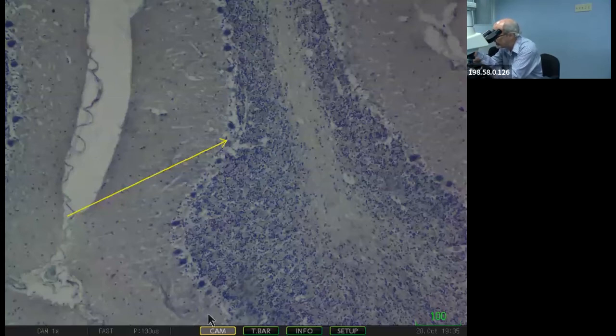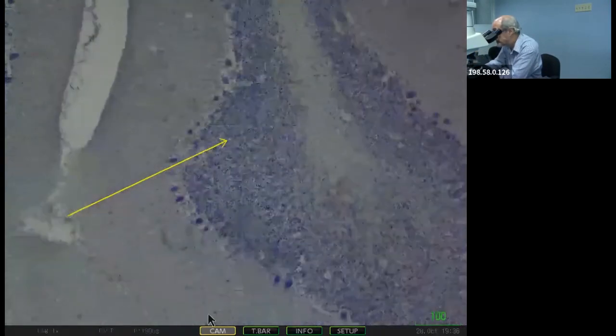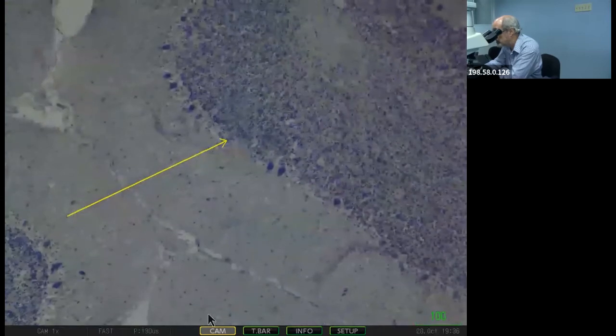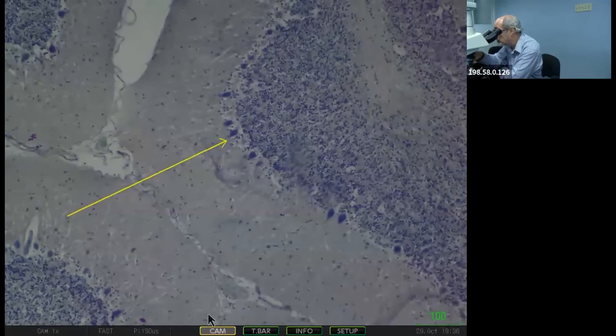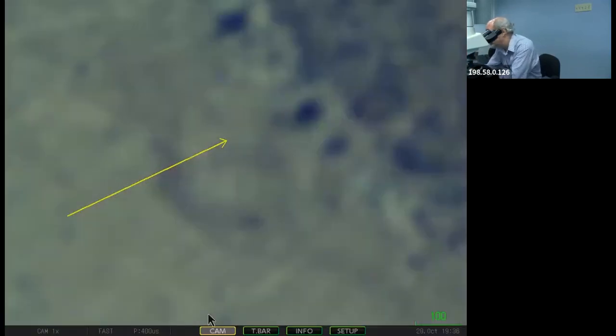They were not necessarily close to each other, not opposed to each other. But if you go here, you see that it's more or less the case. Your Purkinje cells are aligned along your granular cell layer.